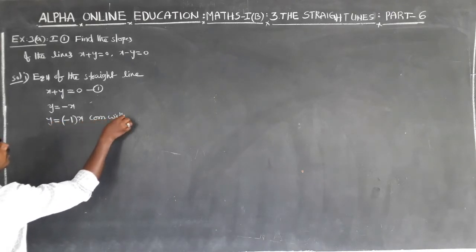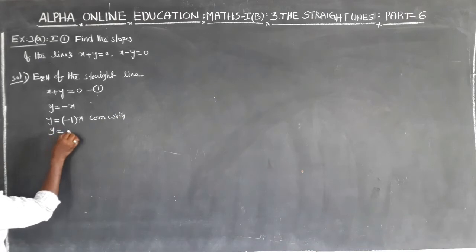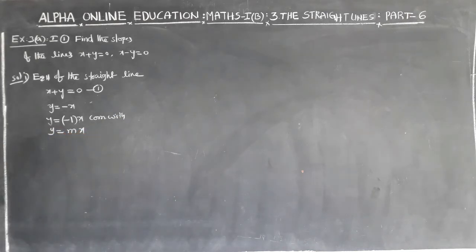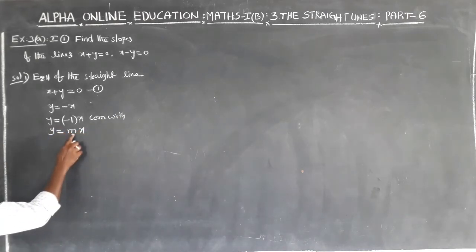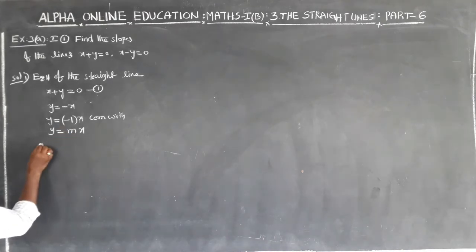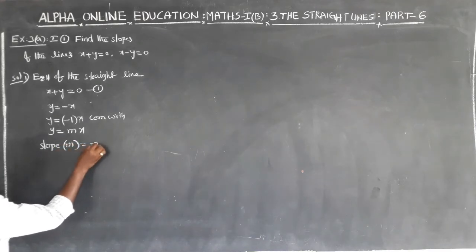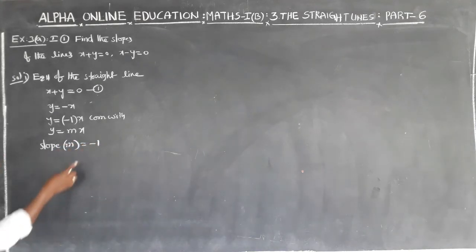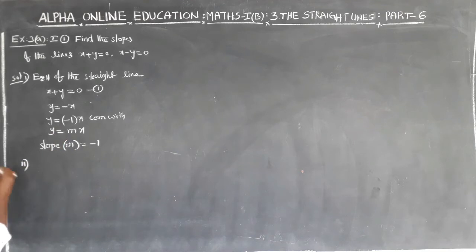Comparing with y is equal to mx, here m is equal to minus 1. So, slope m is equal to minus 1. This is the first one.